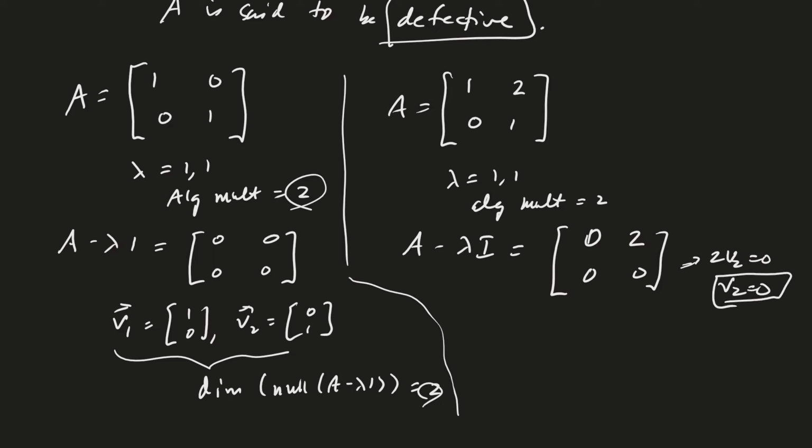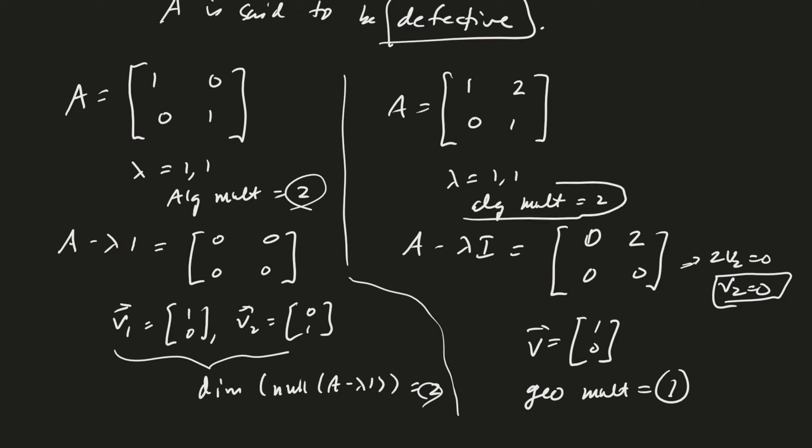And so now the only vector that works is the 1, 0 vector, or a scalar multiple thereof. And so in this case, the geometric multiplicity equals 1, but the algebraic multiplicity was 2. So these two things are not equal, so this is called a defective matrix.